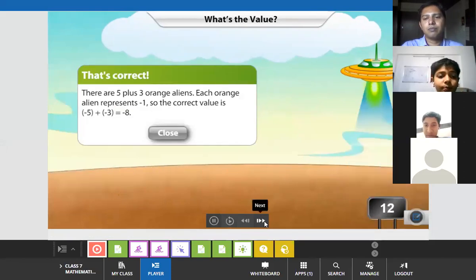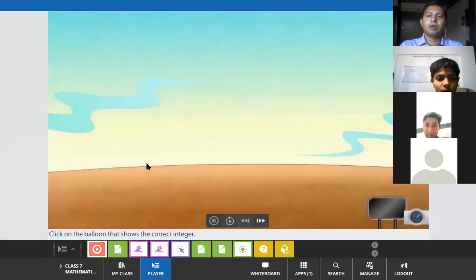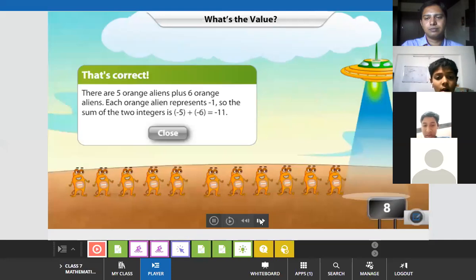Click on the balloon that shows the correct integer. So we have 5 and 6, 11 negative numbers. That is this one, so -11. Very good.